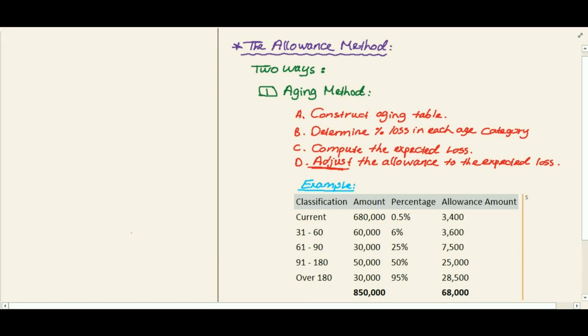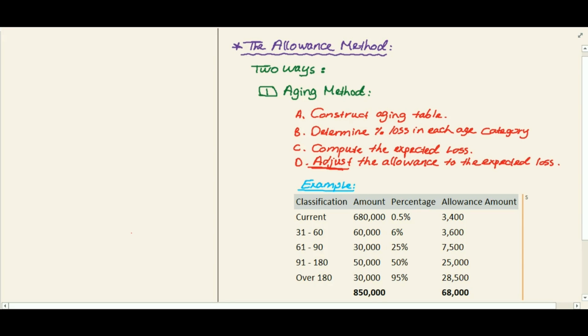Then we will get the percentage that we think these receivables won't be collected. So we assume here that 0.5% of these receivables won't be collected, and 6% for the 31 to 60 days old, and 25%, and so on.